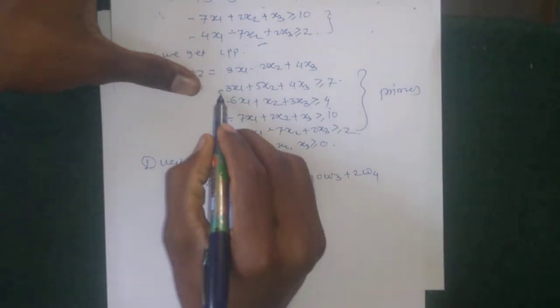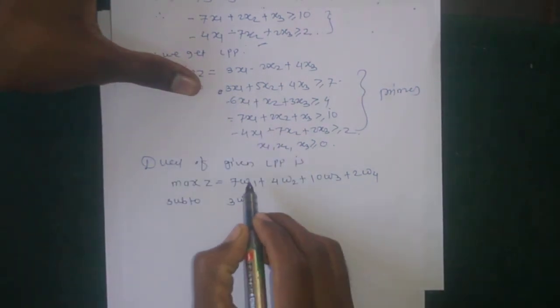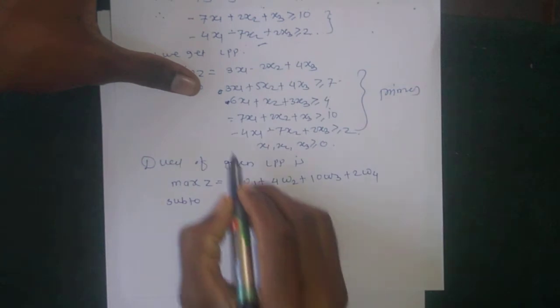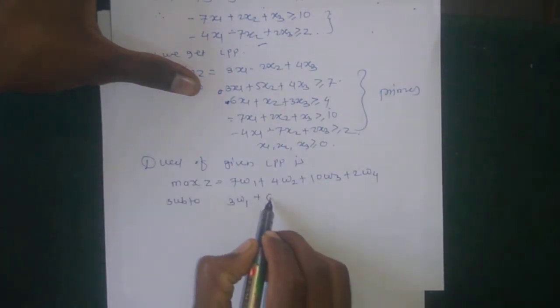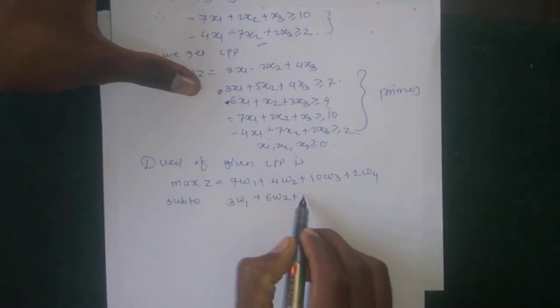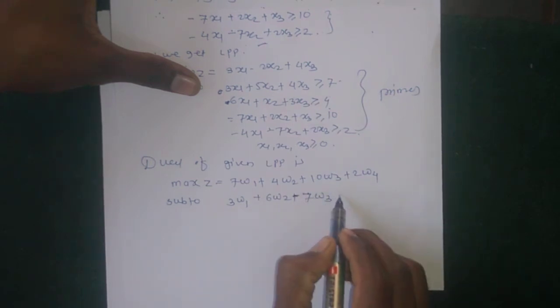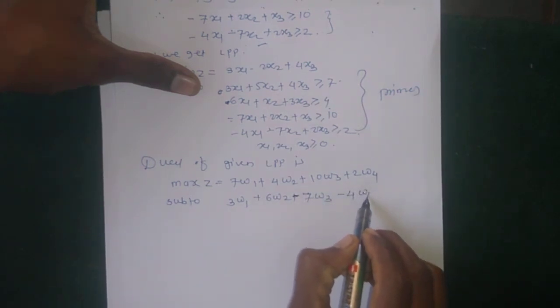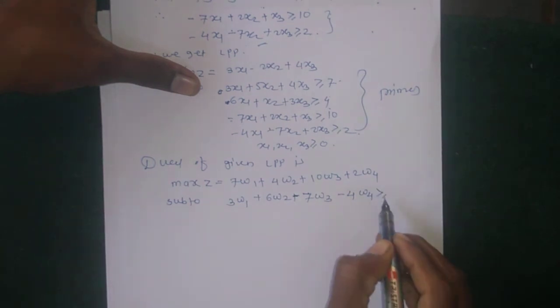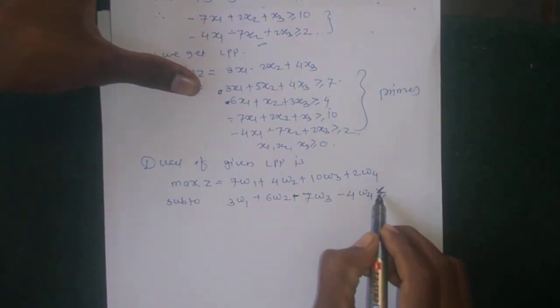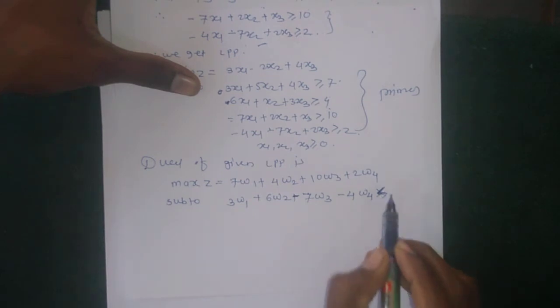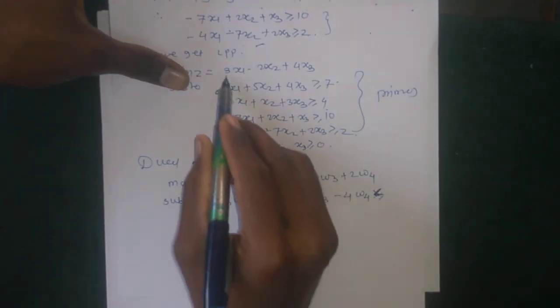Okay, so 3w1 plus 6w2 minus 7w3 minus 4w4, which is less than or equal to 3, because all constraints in the primal are greater than or equal type, so in the dual all constraints are less than or equal type.